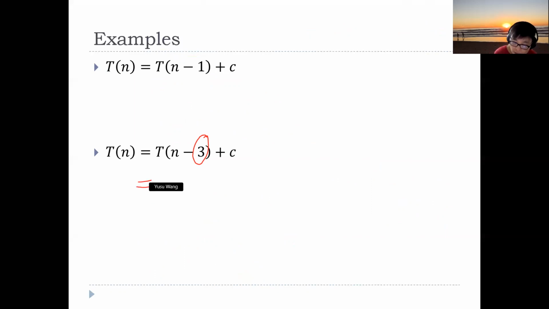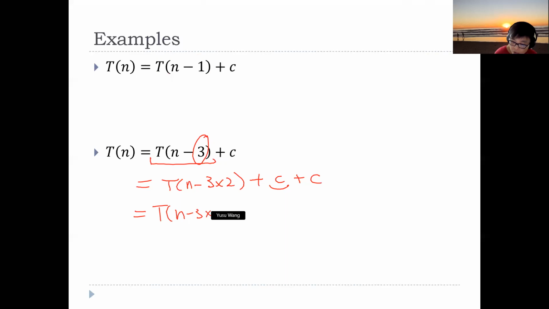The first time is this. The next time I unroll this, I get n minus 3 times 2 because I have to take away another 3. Outside, I have another extra term of c. If I do it one more time, that becomes n minus 3 times 3, and outside c plus c plus c.